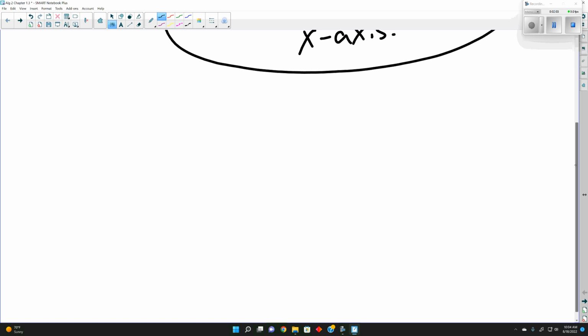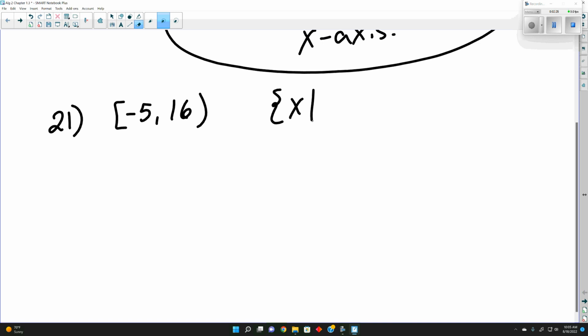So from 1.1, 21, we're looking at the interval of -5, comma 16. So it shouldn't be a brace, it should be a parenthesis. And we're wanting to rewrite this in set builder notation. So to start set builder notation, we always start with brace x bar. Now, the key is that we're going to have to rewrite this interval as an inequality.